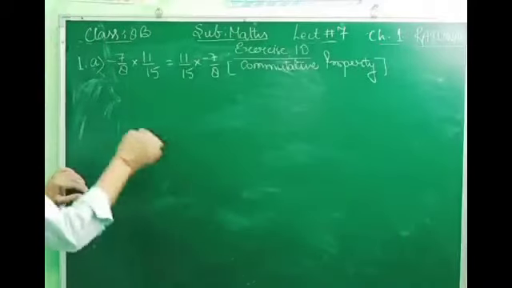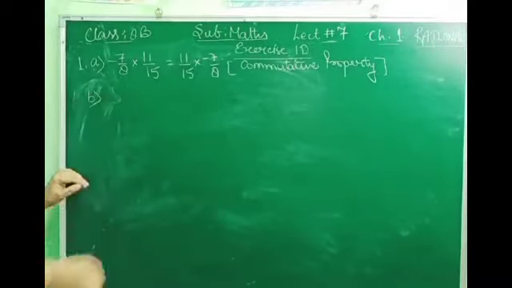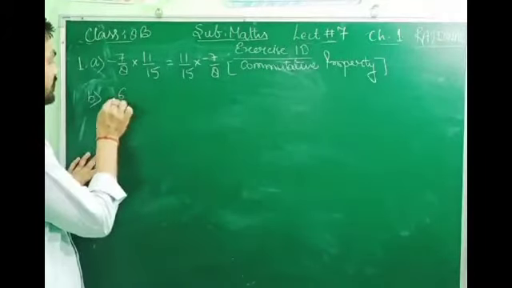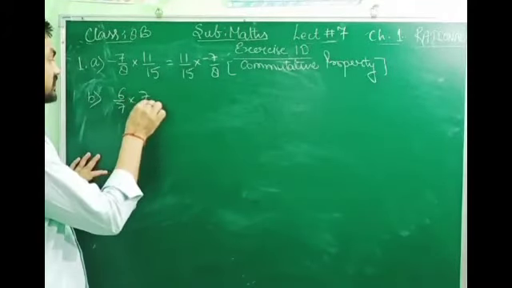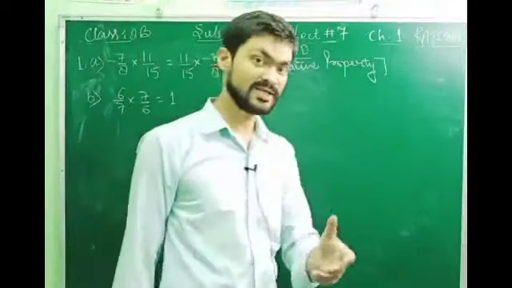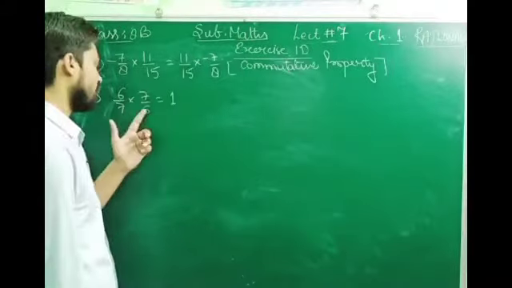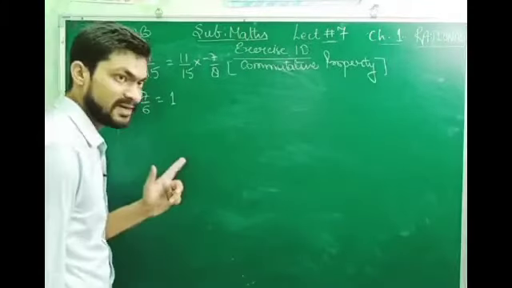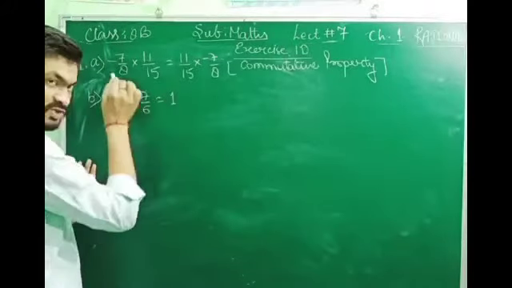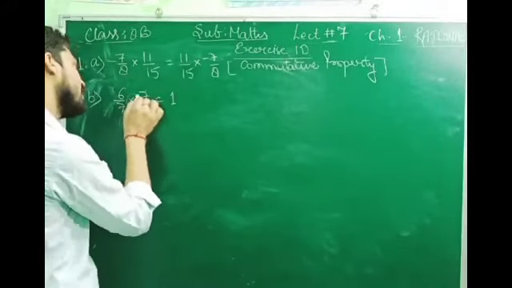Now, see B part. 6 by 7 multiplied by 7 by 6 is equal to 1. What will we write? 6 by 7 multiplied by 7 by 6, we get 1. It means both are reciprocals of each other, and which operation is performed here, my dear children?